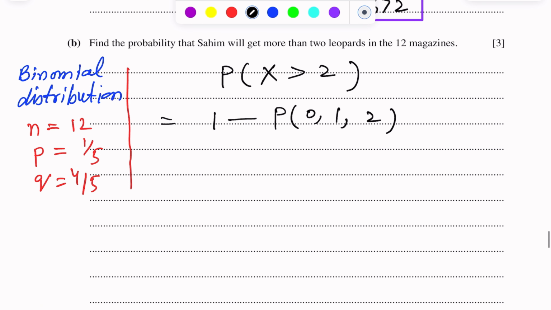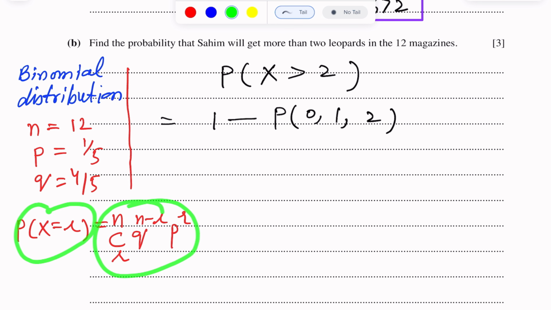Now we will use the formula for probability in binomial distribution. Formula is this. Probability of X equal to R is nCR Q power n minus R, P power R. This formula we will use here.